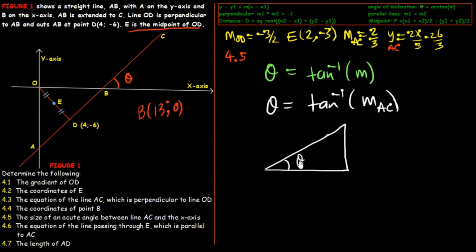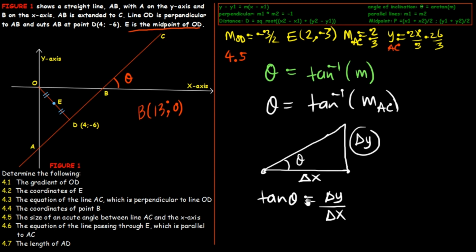Let's say we want to find theta. Since this is along the y-axis, from here to here, it will be a change in y, and from this point to this point, its length will be a change in x. We can say tan theta is equal to opposite, which is this length opposite to this angle theta, over adjacent, which is change in x.